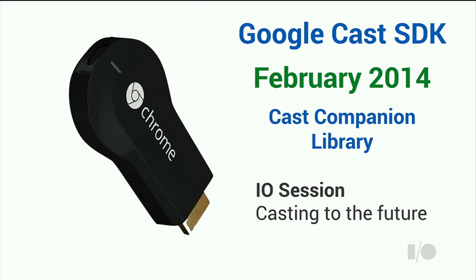Together with that API, there is another API you can use, which is a Cast Companion library, which makes certain operations in the Google Cast SDK easier to do. So that's something to keep in mind. There's also an I/O session on Google Cast or Chromecast, Casting to the Future, that you should pick up if you're interested in looking more into Chromecast.